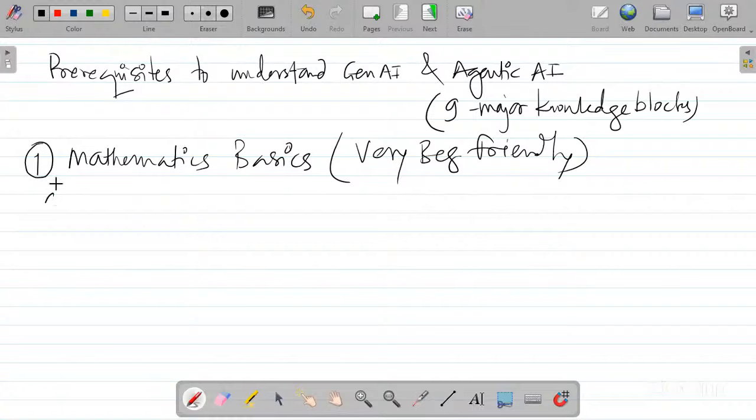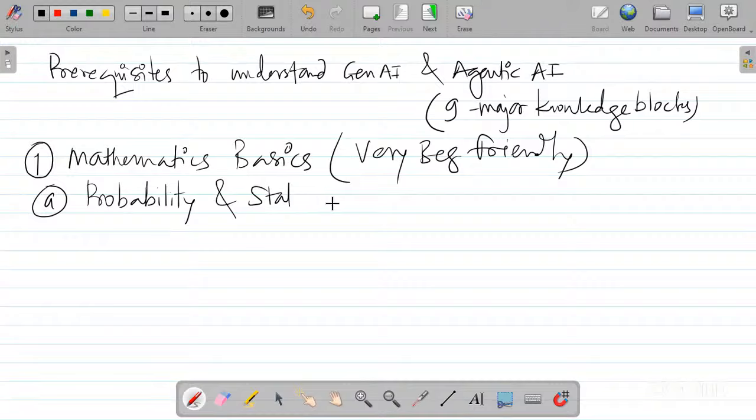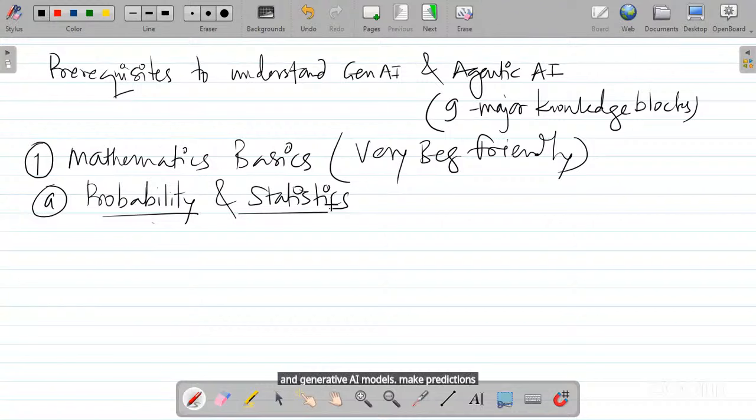In this, we have the first subsection, that is probability and statistics. And I will also explain why it is important and how this relates with our particular content. So when I talk about probability and statistics, why is it needed here? All your AI and generative AI models make predictions, that we all know, because we are using them.